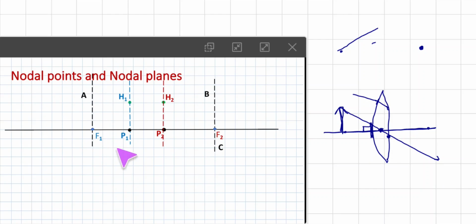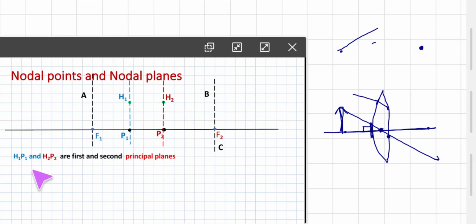Now let us consider that H1, P1 are the first and second principal planes that we saw. Now AF1 and BF2 are the first and second focal planes.